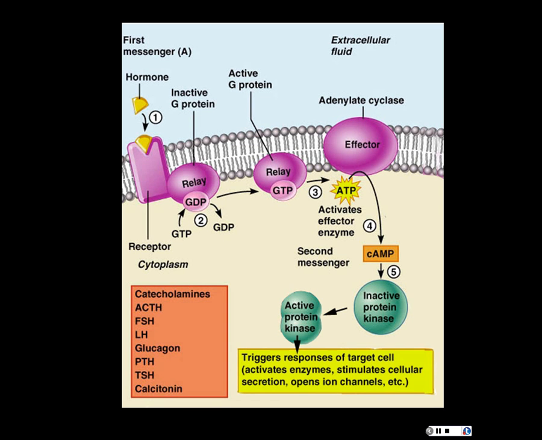Phosphate groups. So they transfer phosphate groups. And we have an idea about what happens there, right? When we move phosphates, we change the structure and the function of different proteins. And it activates protein kinase, is what it does.